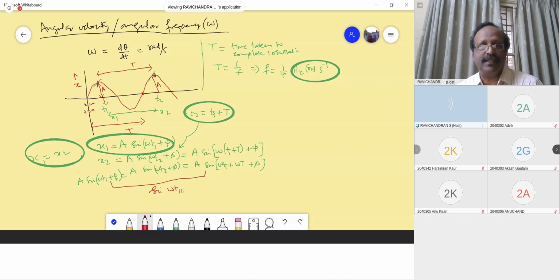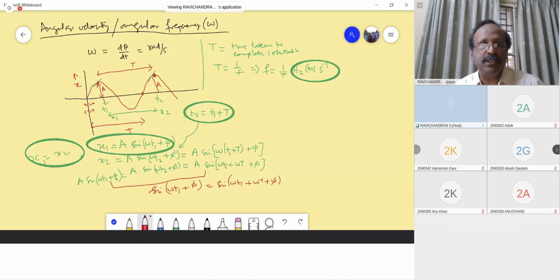T1 plus phi is equal to sine of omega T1 plus omega T plus phi. Now I can remove even which can be removed, even sine also can be removed, right? You can remove the sine and sine here. If I remove this, I will be getting this equation and this equation.